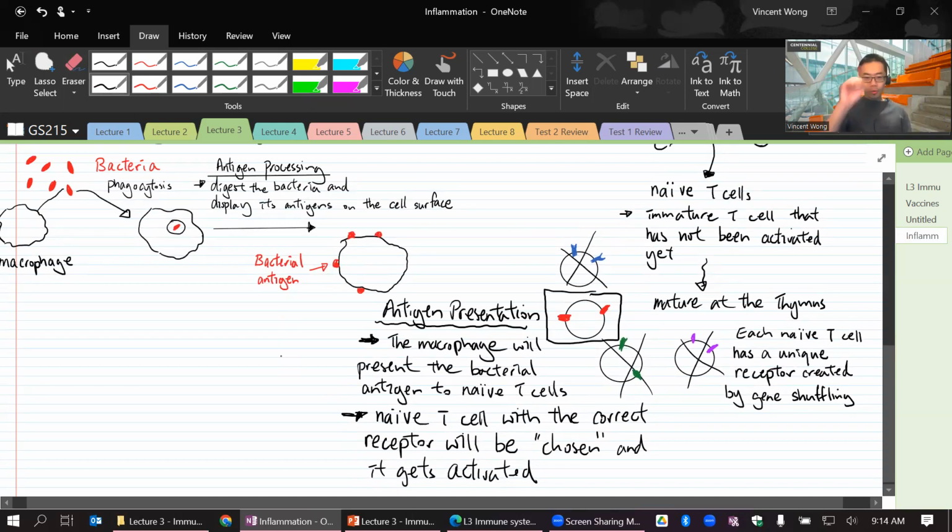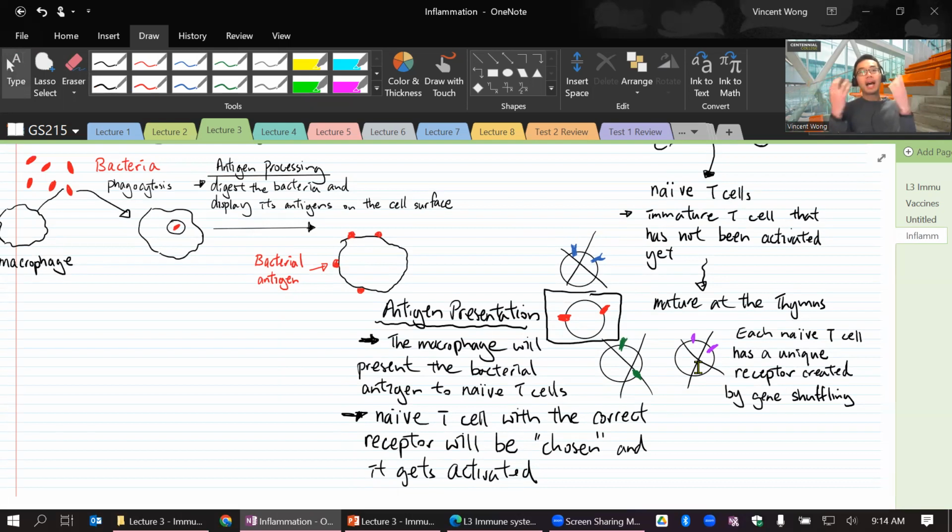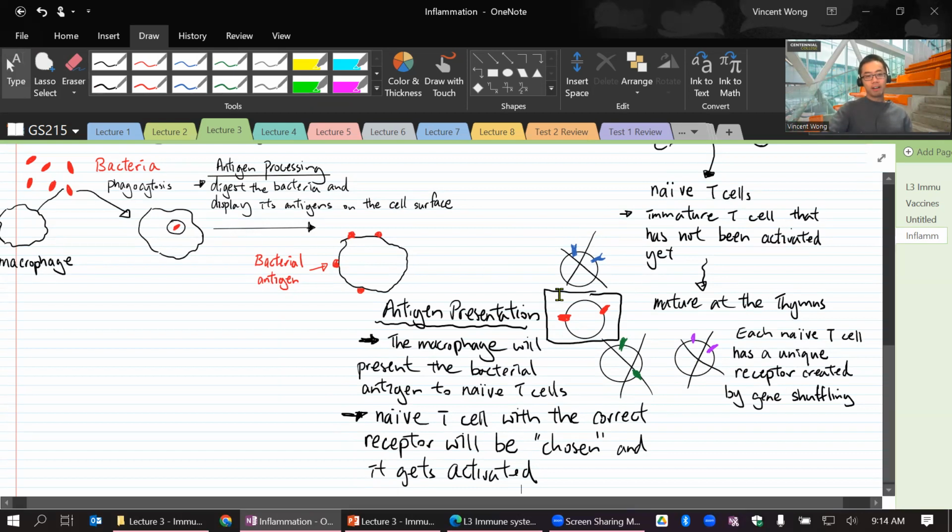Remember, you don't only have 4 naive T cells at any given time. You have a whole pool of them, and it's very likely you already have a T cell with the required receptor to fight off whatever infection you have. But sometimes you don't, just because of bad luck.